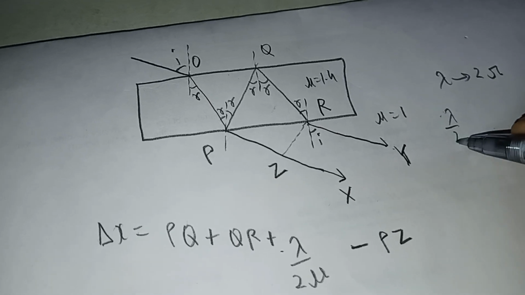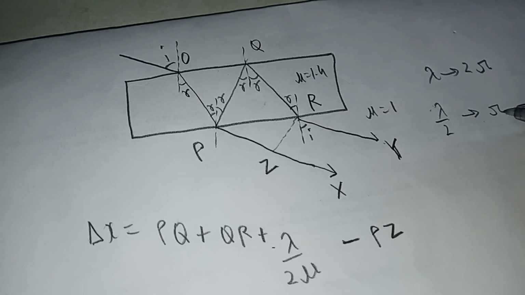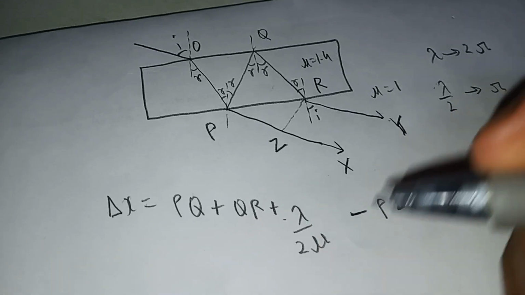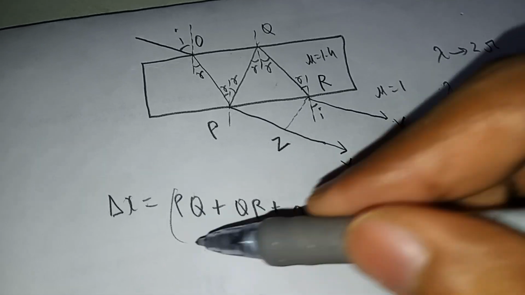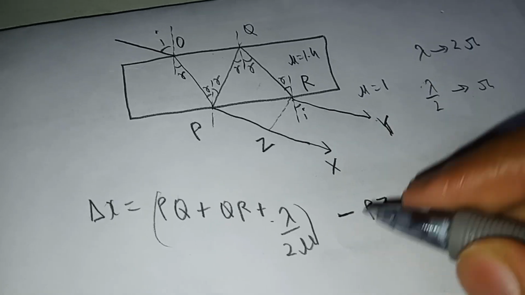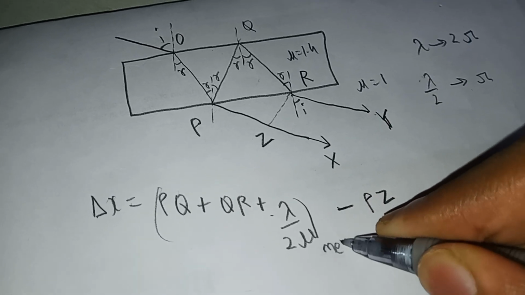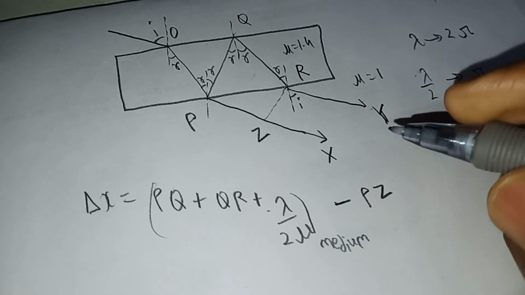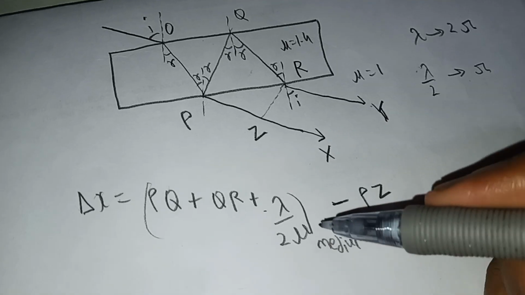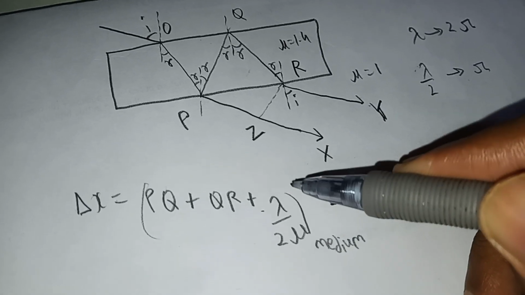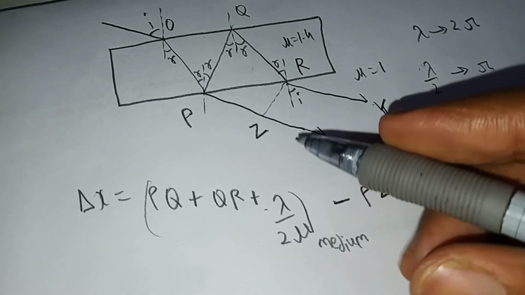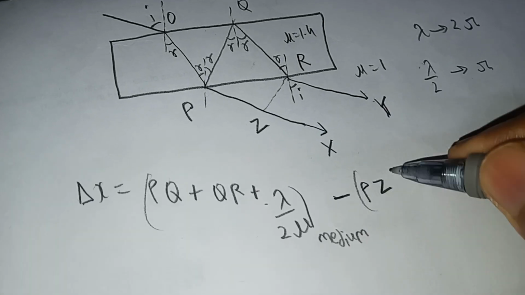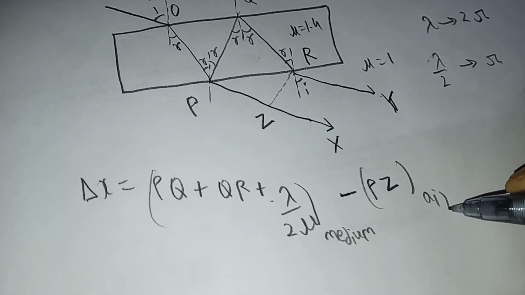So lambda by 2 would correspond to a phase difference of pi, and here we are looking at all this stuff happening in the medium. So in that particular medium lambda would be lambda by mu, so that is why we wrote it in such a way, and this is of air.